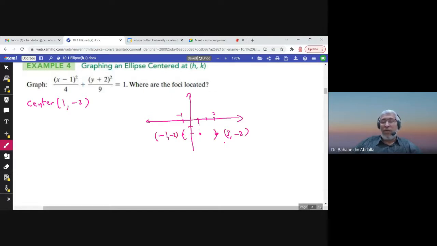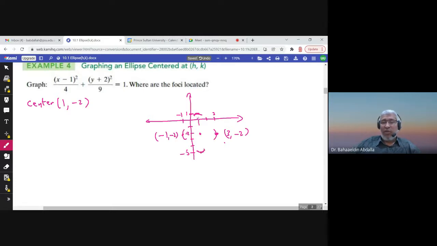Okay. Now on the y-axis, I'll go 3 units up and 3 units down from the center. So the center is here, 1 and -2, go 3 units up: 1, 2, 3. So you reach 1. So this point. And from the center, of course, go 3 units down. So you reach -5. So you are here.